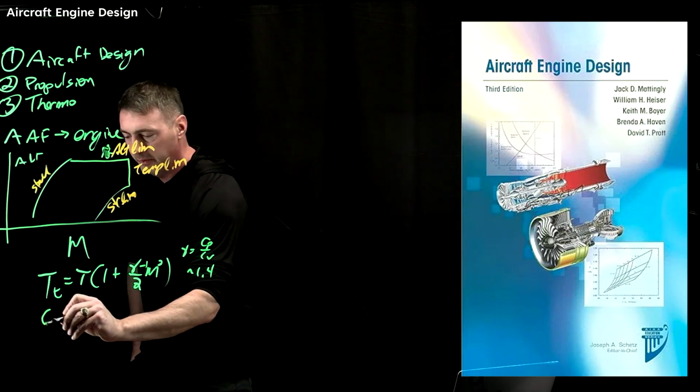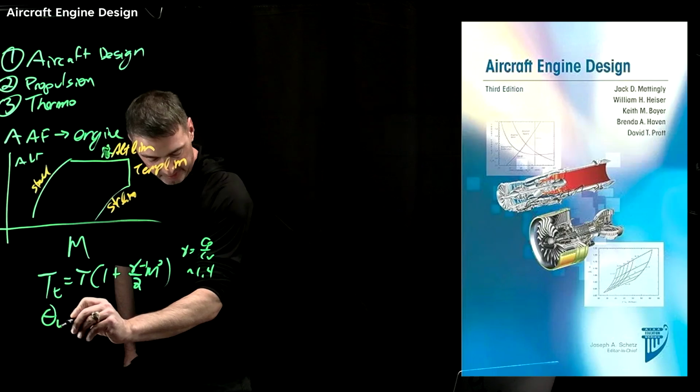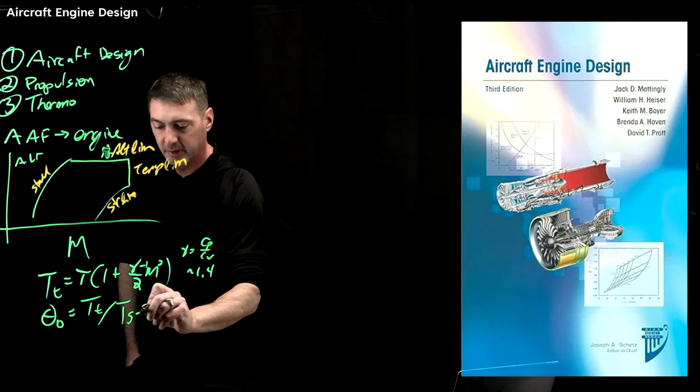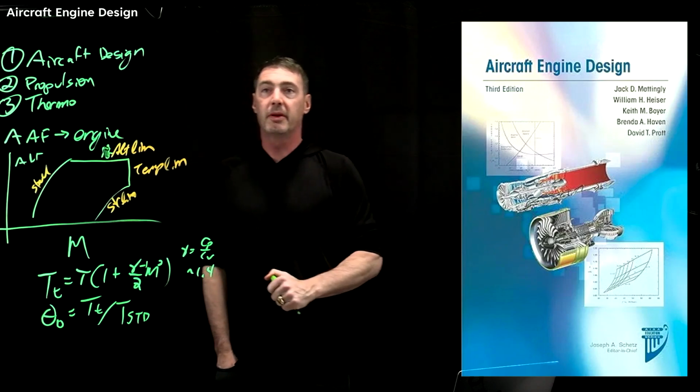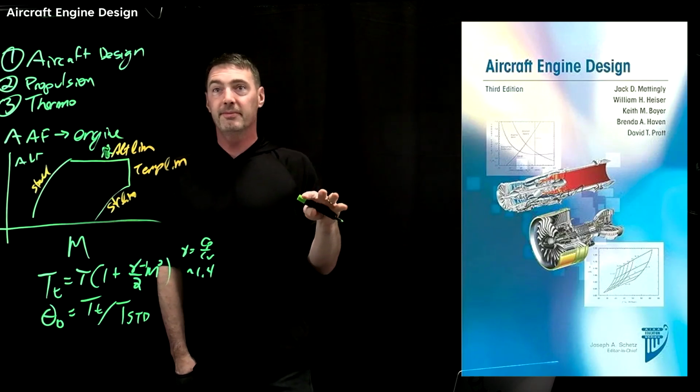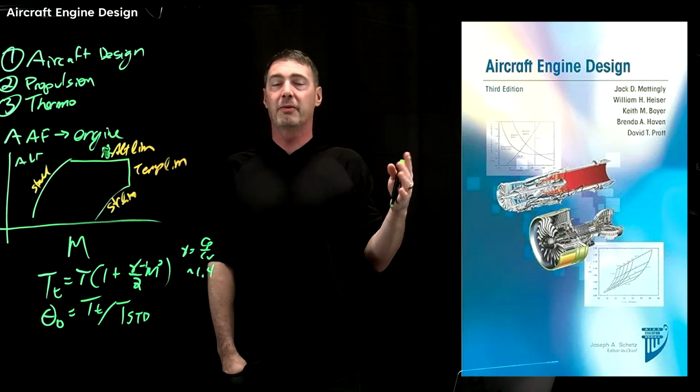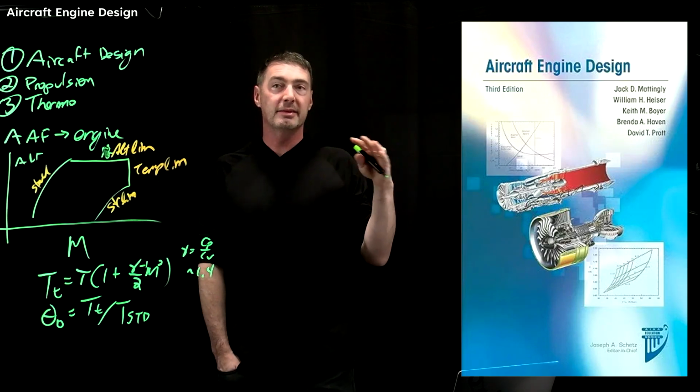And so one of the variables you're going to see a lot is theta 0, which is the current total temperature divided by the temperature at standard pressure and temperature. Now, standard pressure and temperature is just sea level, 14.7 psi absolute, 101,325 pascals, and then the standard temperature.